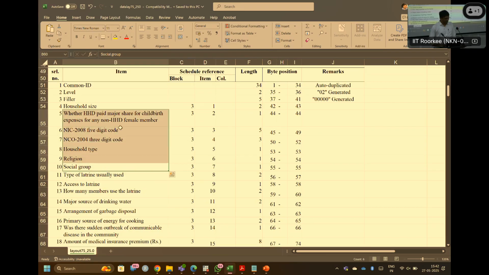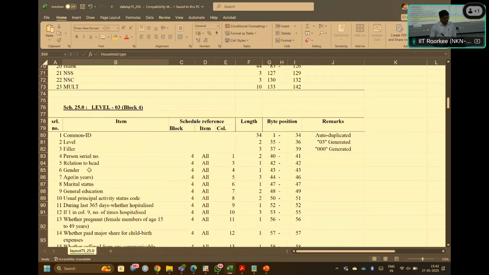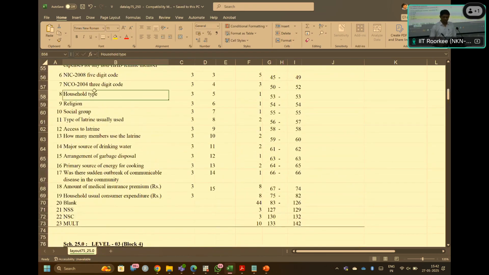Otherwise, with one file, I could have at best explained only one dimension, that is, the percentage of social groups. But now I have the option to analyze those together: these variables as well as the variables listed in level number 2.